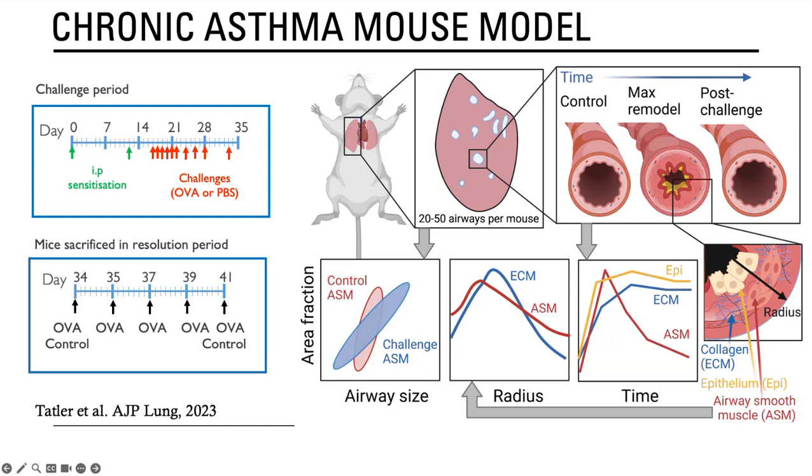That's after the challenge is finished, and then seemed to resolve almost to baseline, whereas the extracellular matrix started going up and remained elevated even post-resolution, and the epithelial cells went up and remained elevated post-resolution. Additionally, we were able to look at spatial distributions of both smooth muscle and extracellular matrix as a function through the airway wall. Because of the numbers of airways we managed to collect, we were also able to stratify according to airway size.